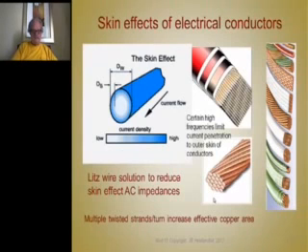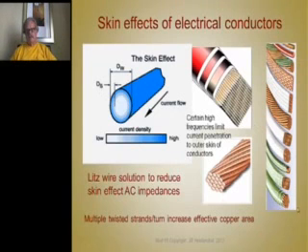This is what skin effect is all about. It seems that at high frequencies there's a skin depth here, and the current tends to concentrate. The current density is highest around the outside. So the way to solve that problem is to use Litz wire, which consists of a bunch of strands.